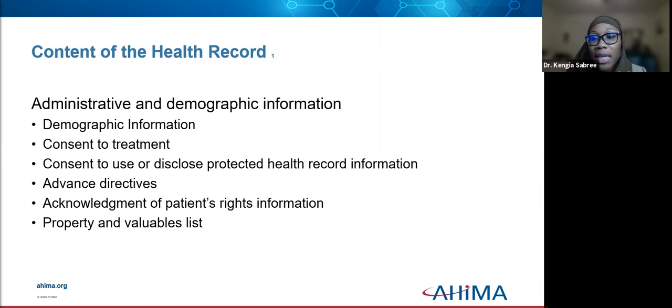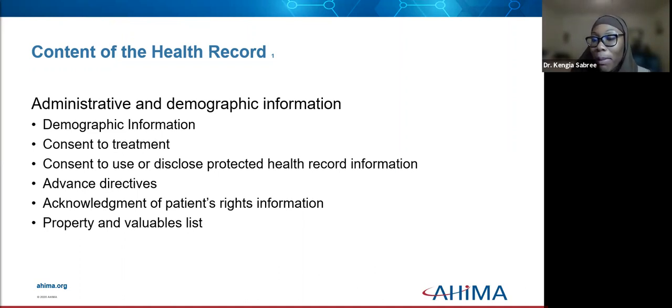So advance directives are another form of content in the health record. Your advance directive is a written document such as a living will that states the patient's preference for care in the event that the patient's condition prevents him or her from making medical decisions, okay?